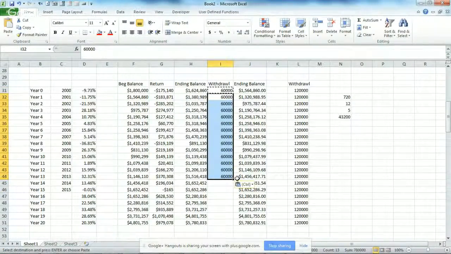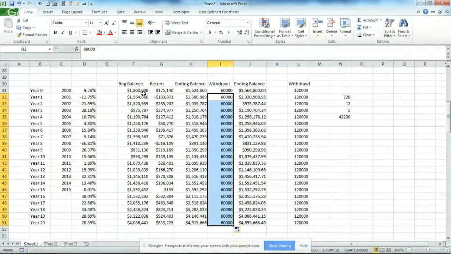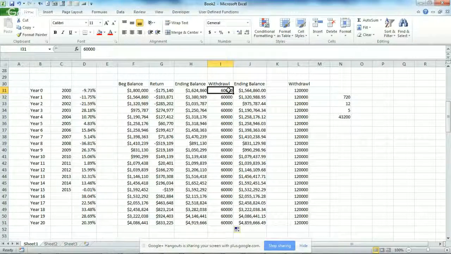In that case, if you have $1.8 million and are withdrawing only $60,000 a year, if you can live on that, you do not need an annuity.